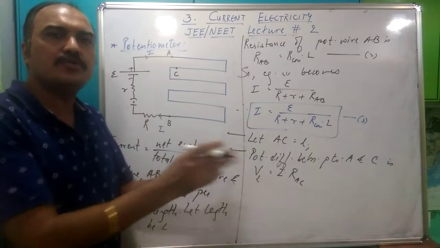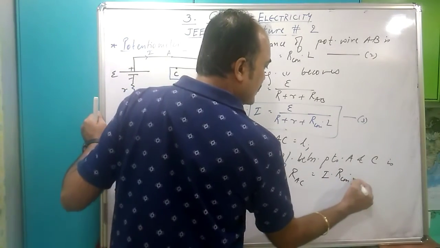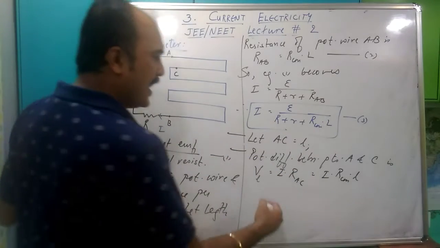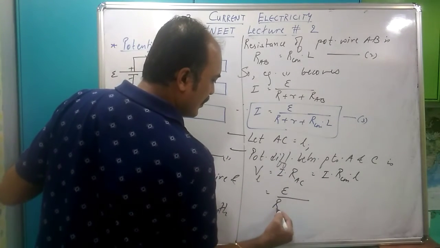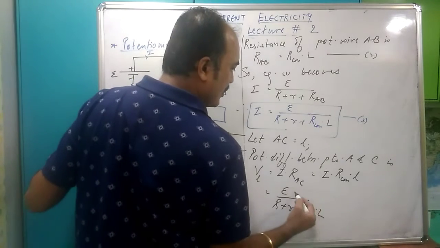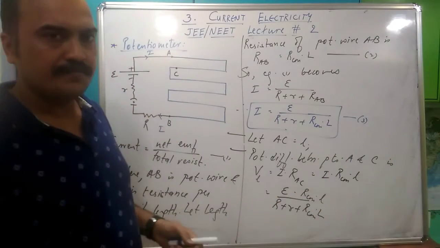It will be RCM into small l. So this is I into RCM into small l. I'm going to put this I here, and what am I going to get? This is epsilon over R plus RCM into L, into RCM into small l.